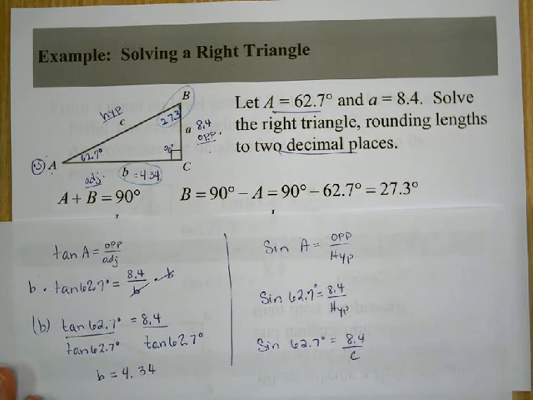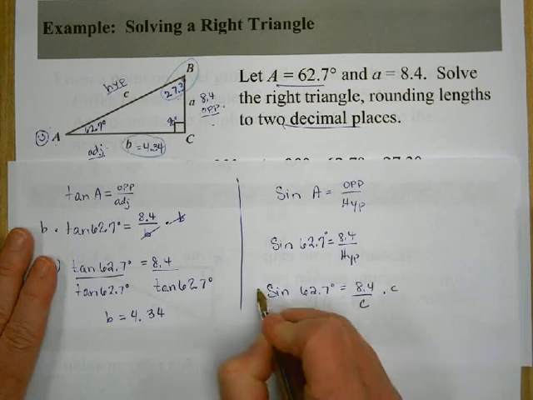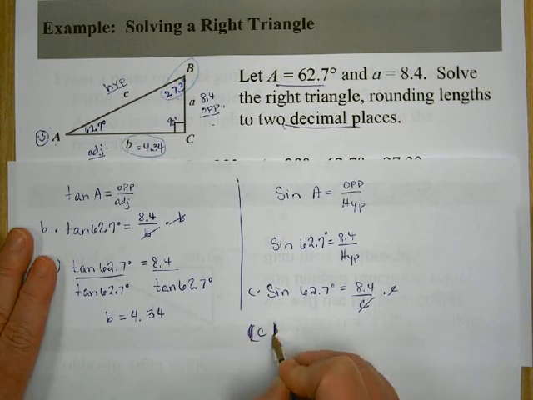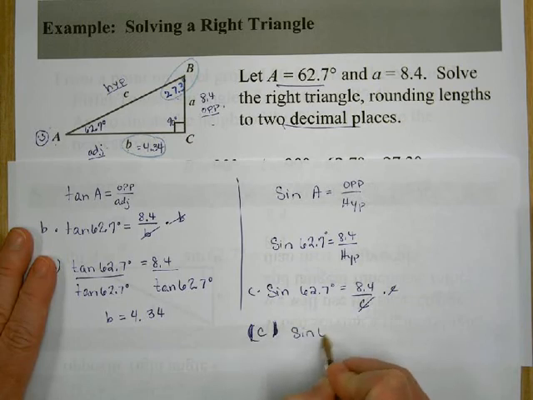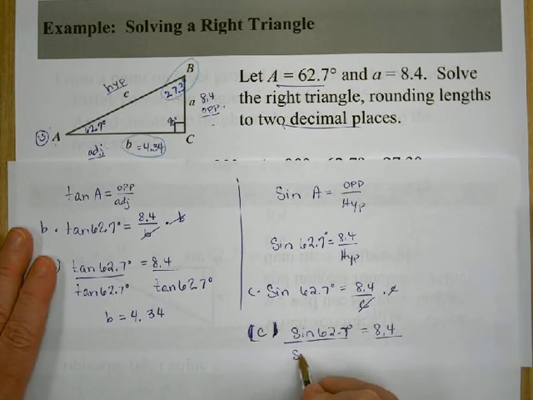Again, I'm looking for c and it's in the denominator, so I'm going to have to multiply both sides by c. So c times the sine of 62.7 degrees equals 8.4. So I'm going to divide both sides by the sine of 62.7 degrees.